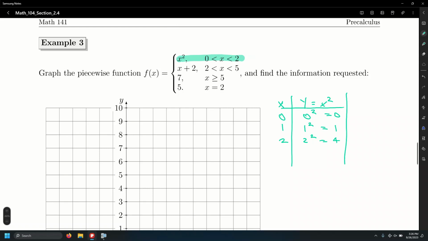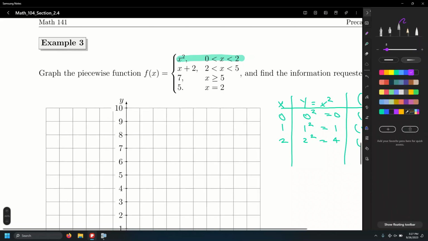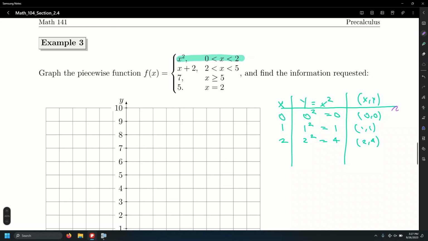That's going to give us the ordered pairs (x, y): (0, 0), (1, 1), and (2, 4). And on the ends, those are going to be holes.